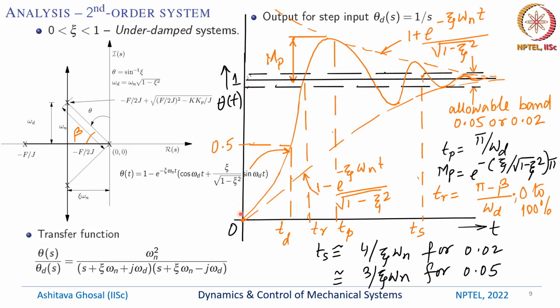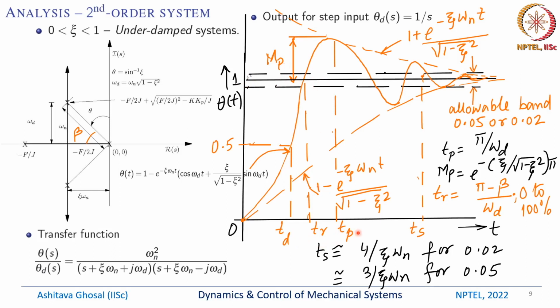So when you give a step input, theta will cross the step input and then keep on oscillating until it comes within a certain band. So the maximum height which it exceeds 1 is called Mp. This is called the peak overshoot in a second order system.